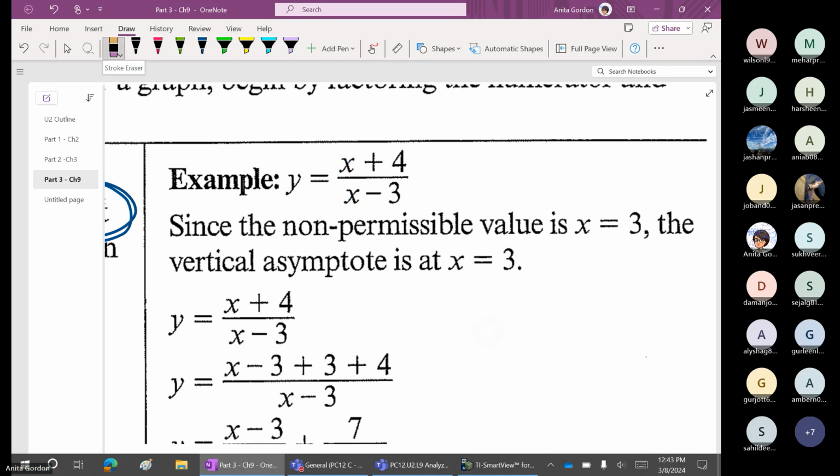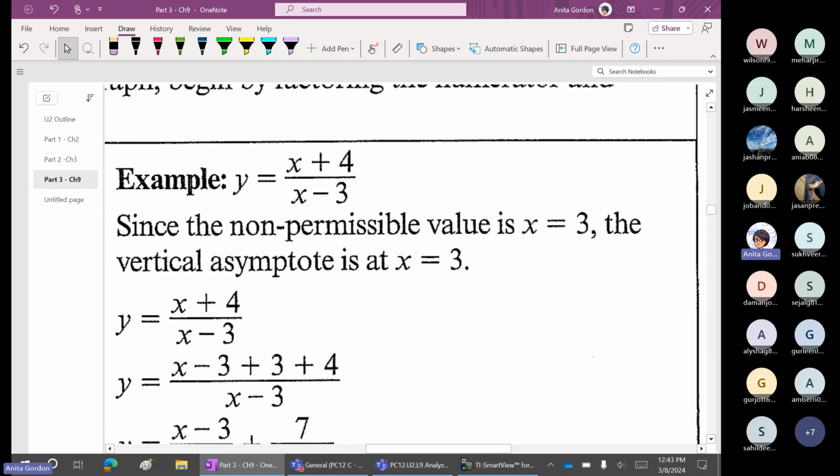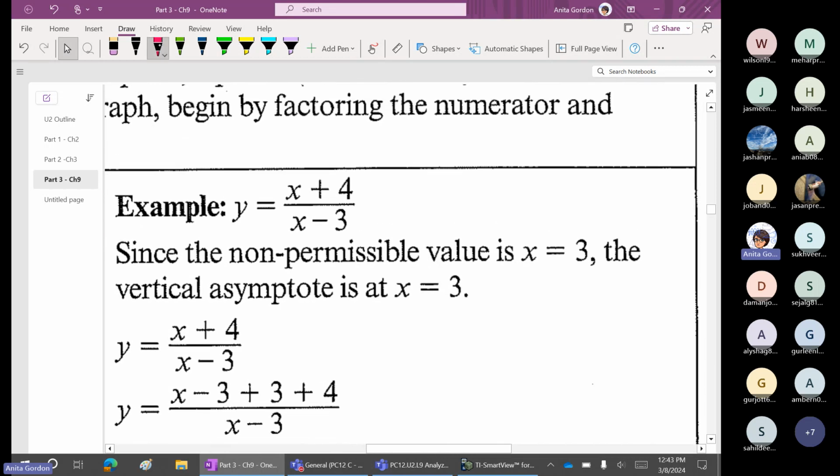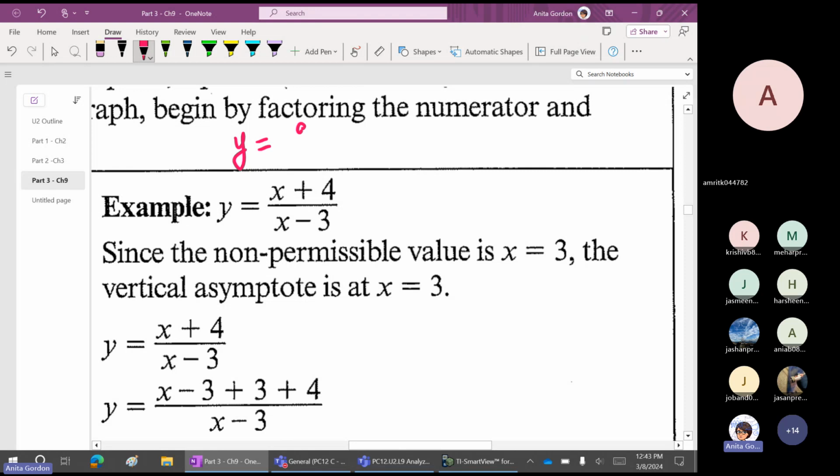Okay? All right. So we want this equation to look like y equals a over x minus h plus k. So my method that I showed you yesterday was to split the numerator. Okay, x minus 3 over x minus 3.